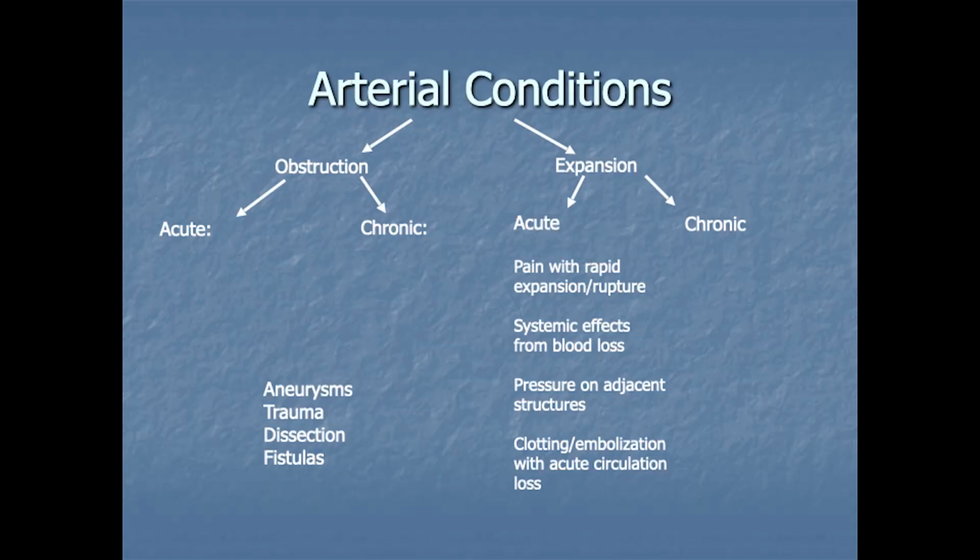When we talk about the expansion side of things, these are aneurysms. Aneurysms, trauma, dissection. A fistula is an abnormal connection between an artery and a vein. That can occur if we create it, like for dialysis access. It can also occur if you have an aneurysm eroding into an adjacent vein, or under traumatic circumstances as well.